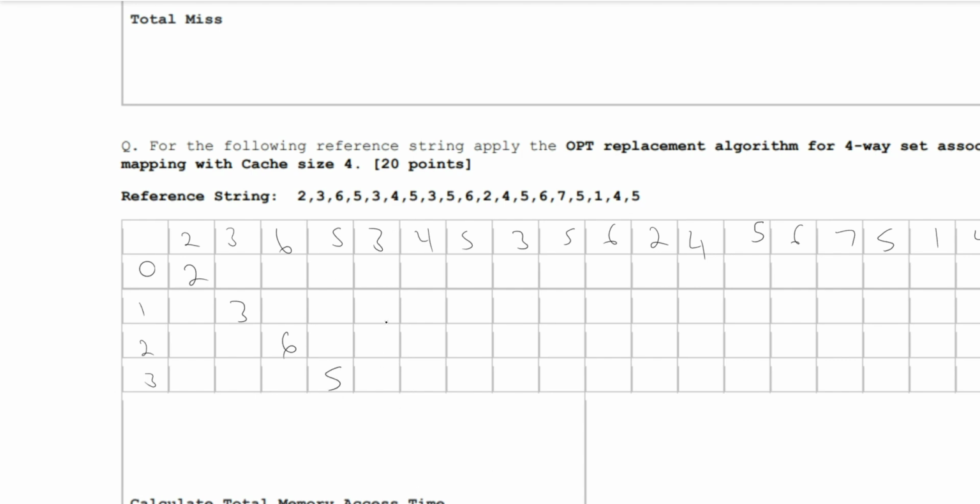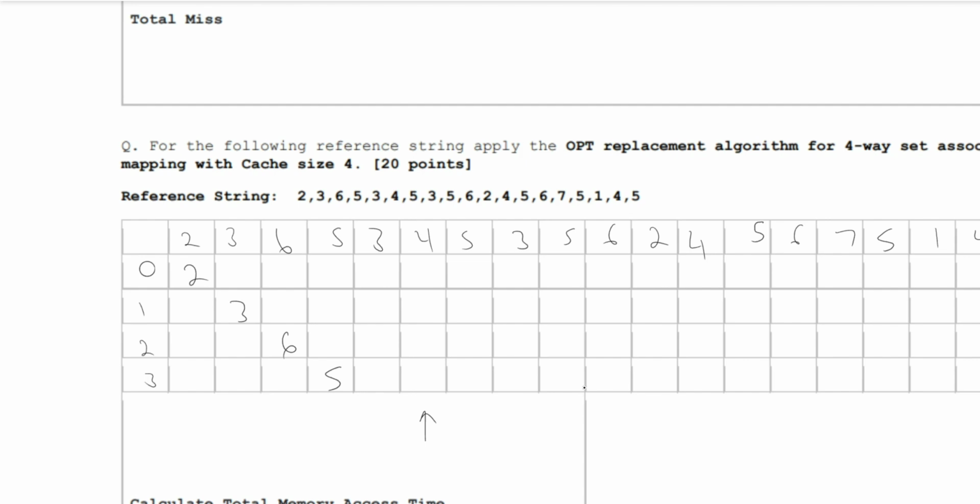3 is a hit, that's fine. 4 is going to miss, so we have to look ahead and see which one is not going to be used, right? Do we look ahead whatever the cache size is, in spaces?